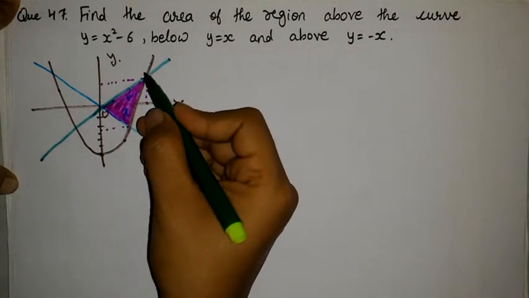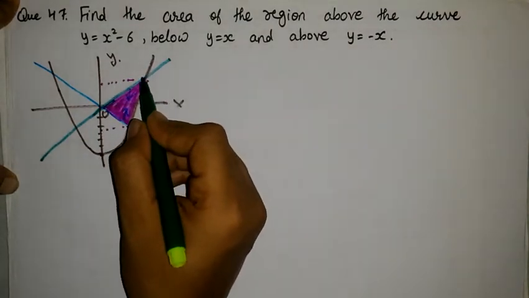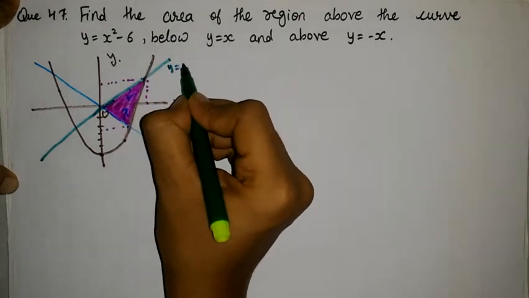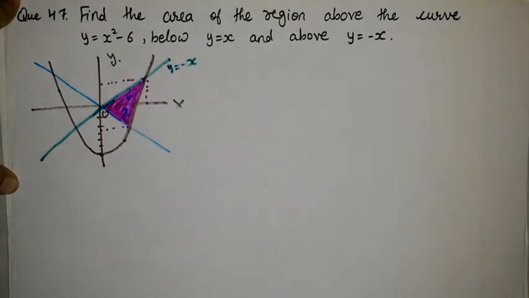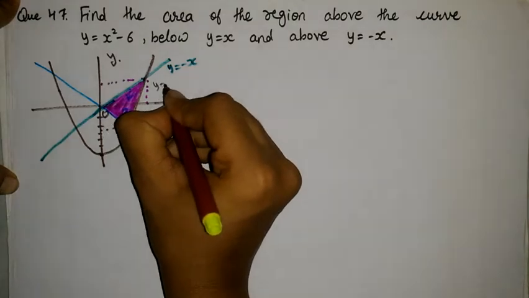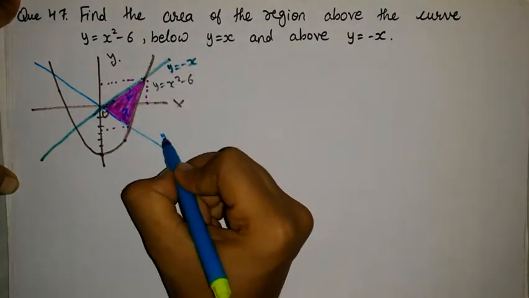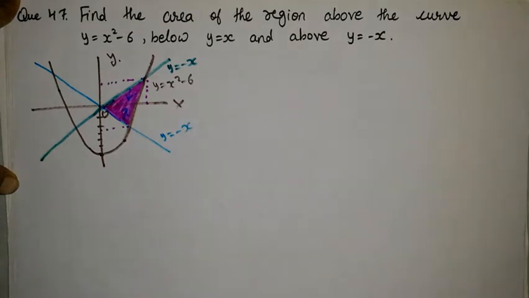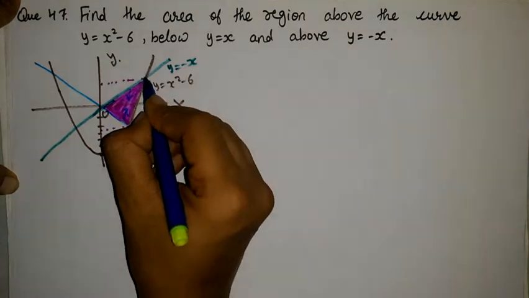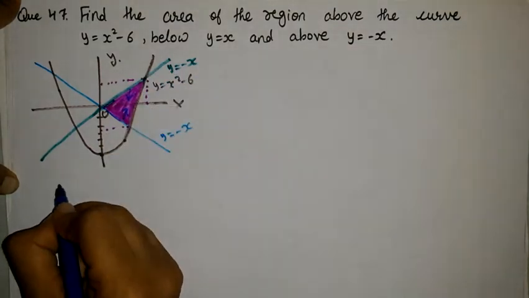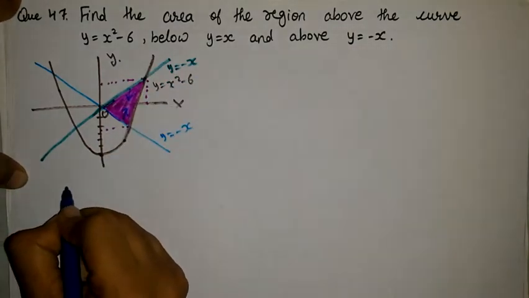For this intersecting point, we have to equate these equations. This curve is y is equal to x square minus 6x, and this is y is equal to minus x. So for knowing this point, we have to equate both these equations. So y is equal to minus x and y is equal to x square minus 6x.